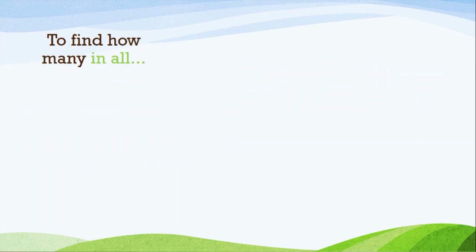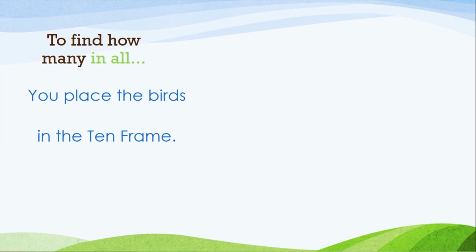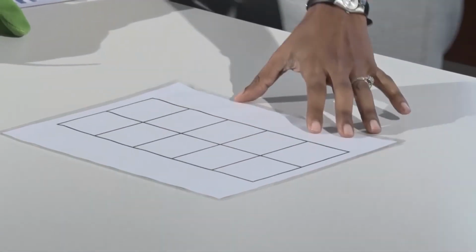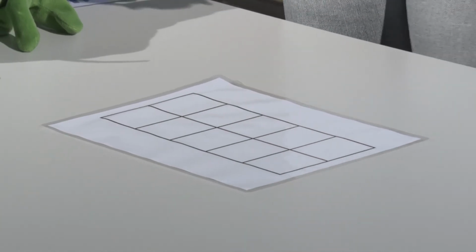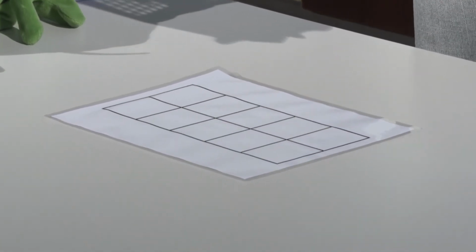To find how many in all, you place the birds in the 10 frame. So here's the 10 frame again, and I'm going to place my birds in the 10 frame.